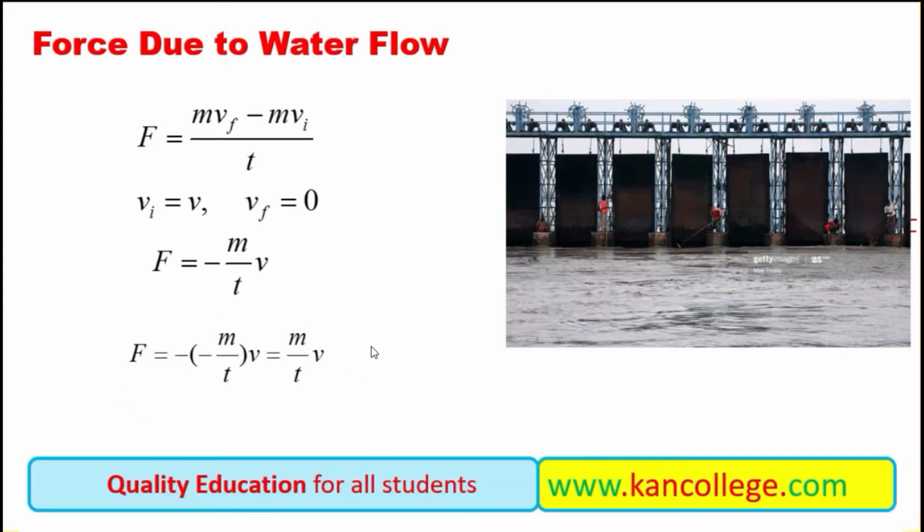According to Newton's third law, the force applied by the gate will be equal to the force applied by the water. So the force applied by the flowing water will be negative into negative, which means positive. So the total force applied by the flowing water on the barrage gate will be equal to mV over T.